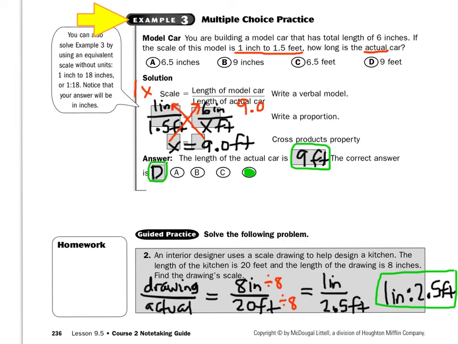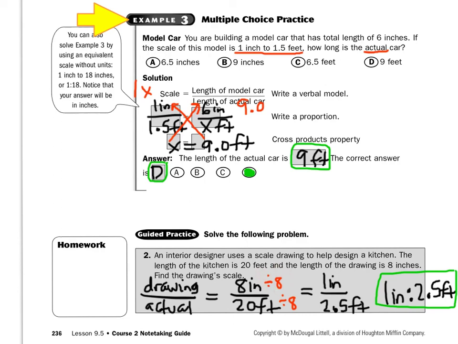Okay, take a look at the guided practice number 2. An interior designer uses a scale drawing to help design a kitchen. The length of the kitchen is 20 feet, and the length of the drawing is 8 inches. Find the drawing scale. So remember, we always want to put the drawing over the actual, and so that would be 8 inches over 20 feet. Now remember, it's our job to make the top number become 1.